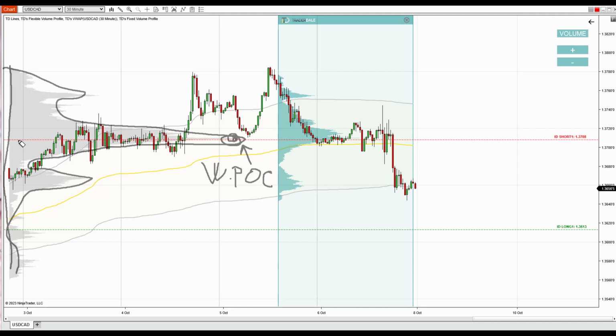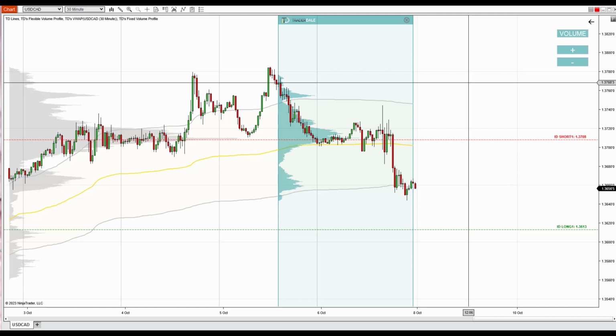So this is very important zone, and the price likes to react to the weekly point of control. As you can see, it is at our short level here. So this is another thing that adds strength to it. So what I'll do is I'll just wait for the pullback and take it from there.